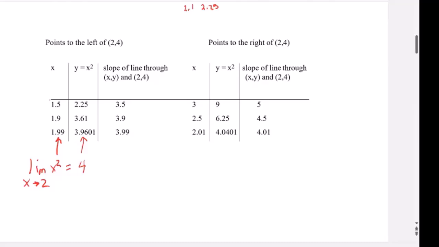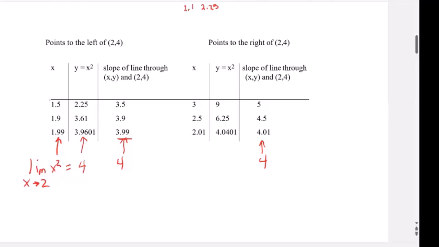So that is the slope of the line through some point really close to 2, 4 and 2, 4. And this is getting closer and closer to 4. And this is getting closer and closer to 4. The only difference between the right and the left is we're taking the left-hand limits and the right-hand limits, right? Just like we talked about in the last class.